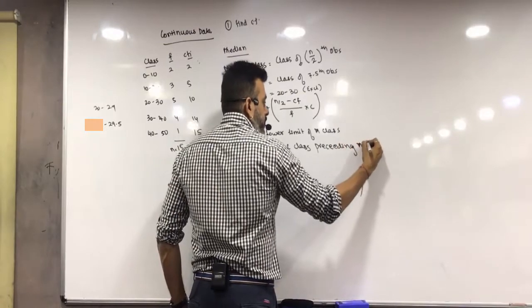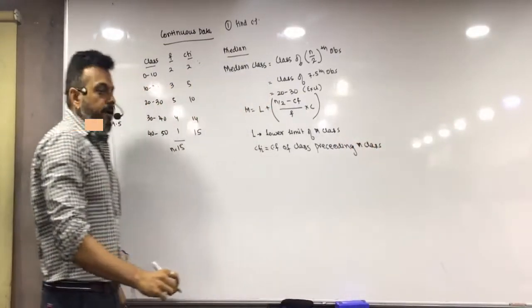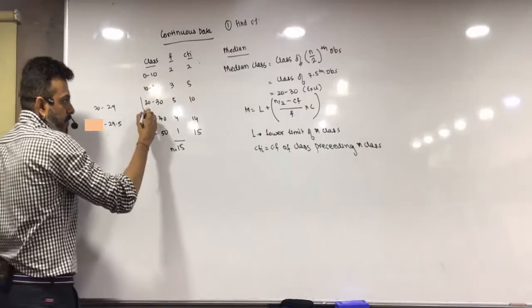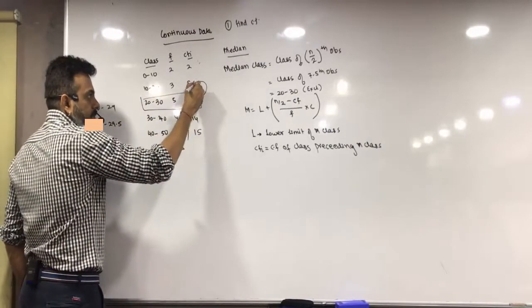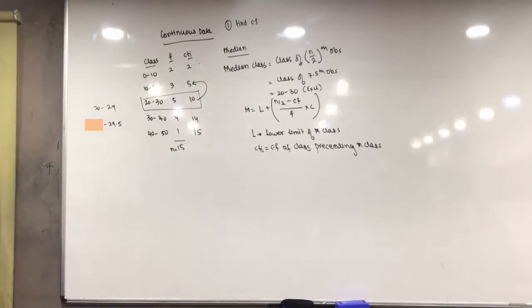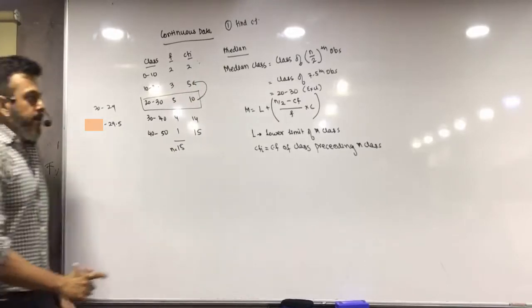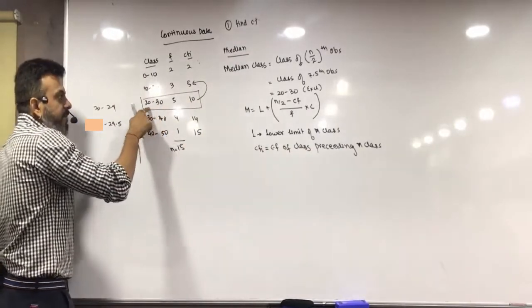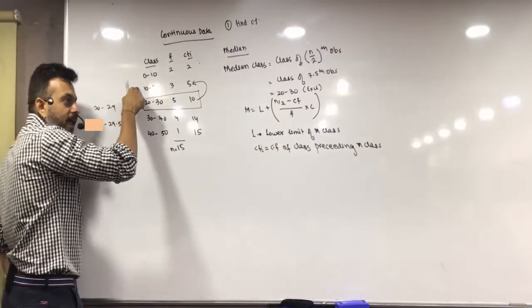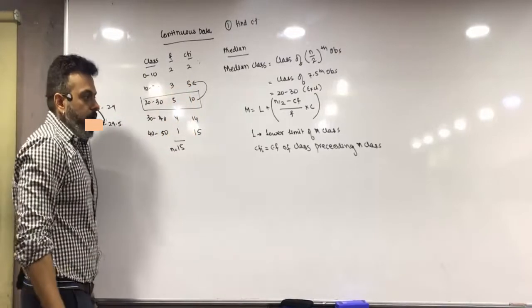the median class. So what we generally do is, in a sum, if this is your median class, you mark it like this. This is your CF. Understood? CF of the class preceding, the cumulative frequency of the class above it.